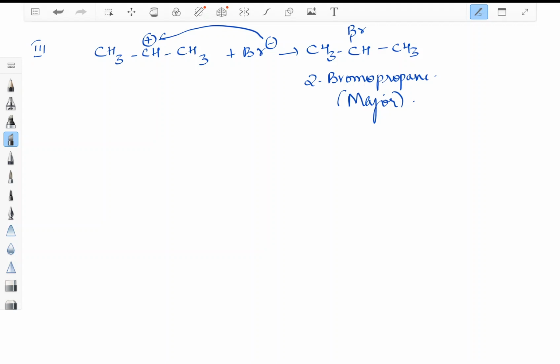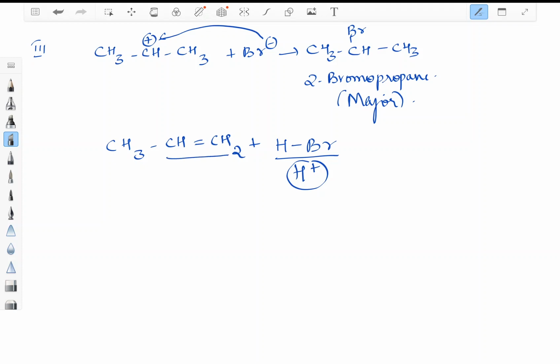The understanding given by the scientist Markovnikov is that when an unsymmetrical alkene, CH3 CH double bond CH2, reacts or adds with an unsymmetrical reagent, which is HBr, the positive part of your reagent, H plus, attaches to the double bonded carbon.